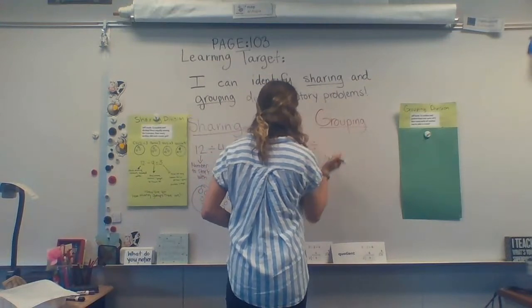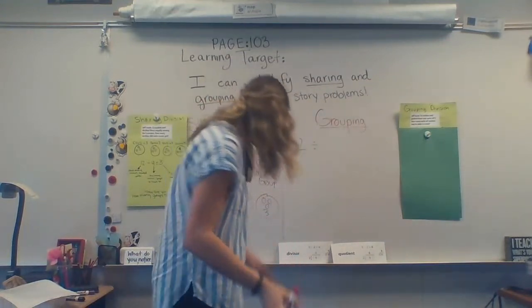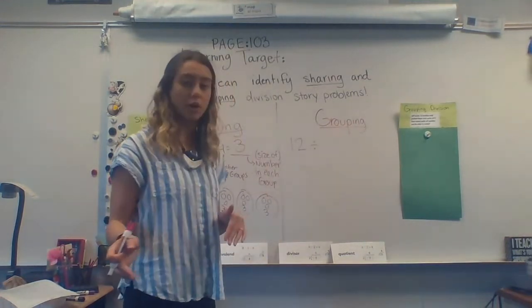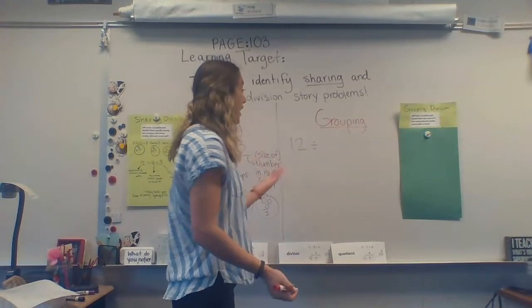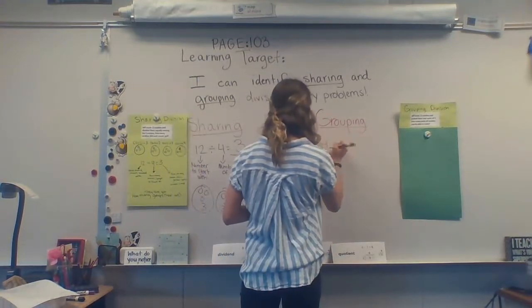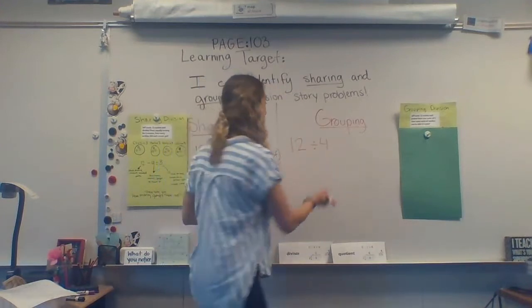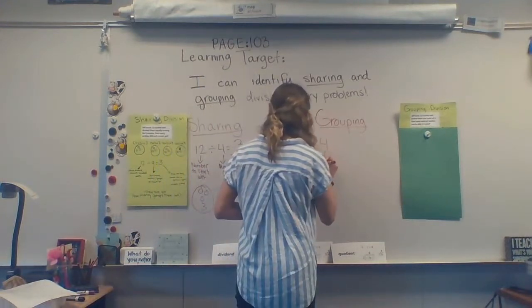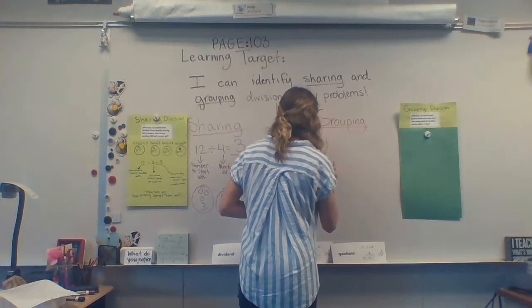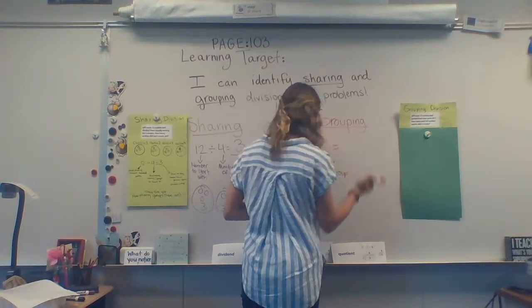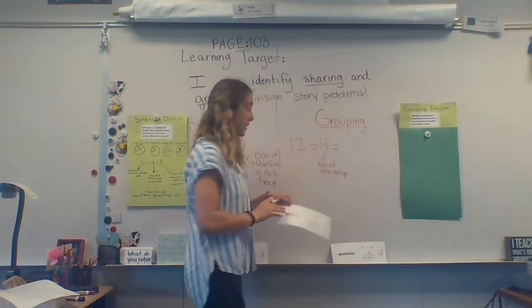12. And then the next thing is a little different. We know that he's putting them into sacks of 4. So we know that he's dividing them by 4, but instead of people this time, we know how many in each group. So this number right here is the size of each group. The 4 is our divisor.